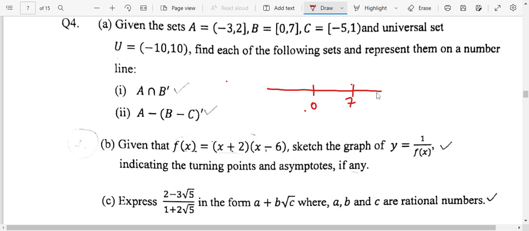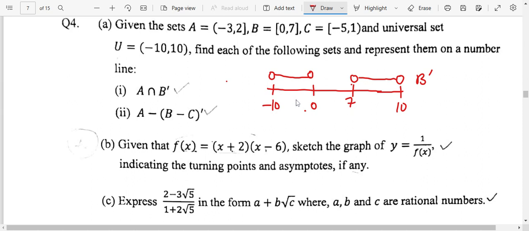Now, the first thing I think you need to put is the universal set, that is from negative 10 to positive 10, and just put circles there because the universal set is not including negative 10, it's not including positive 10. Now in the set B, we are moving from 0 to 7 and we're including both. So meaning that outside B, we're not going to include 0, we're not going to include 7. So we're going to just write that and then connect these lines. This is going to be B complement.